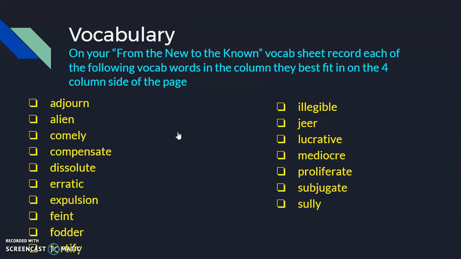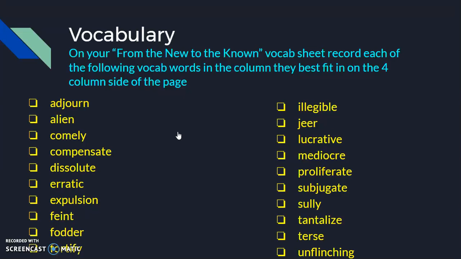Sully. Tantalize. Terse. Unflinching. All right, you should have written each of those words into one of the columns on your paper.